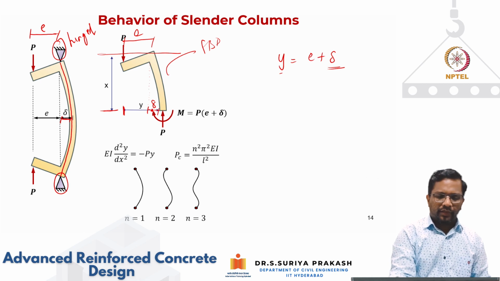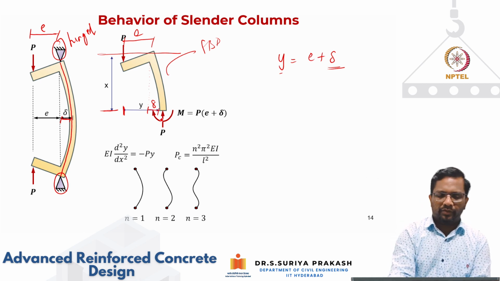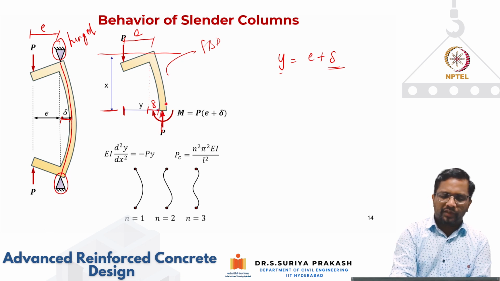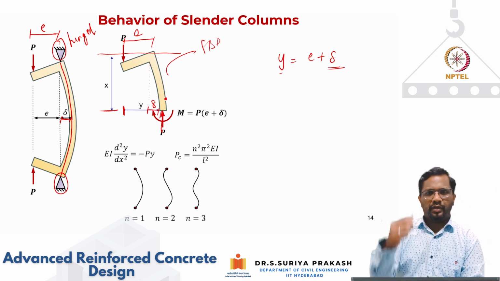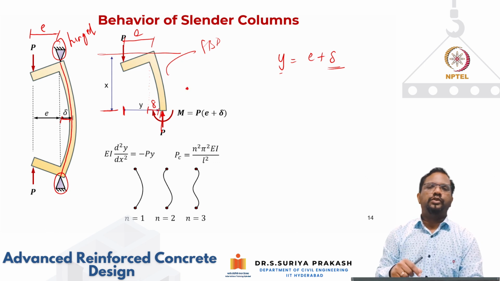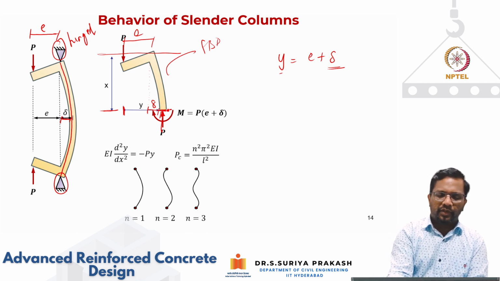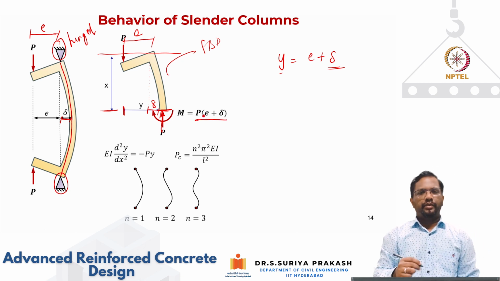If I take the free body diagram, this has to be in equilibrium. So I have to generate some axial compression to satisfy vertical force equilibrium. In addition, I also have to satisfy moment equilibrium. What is the moment applied at this particular cross section? The moment will be equal to P into (e plus delta).